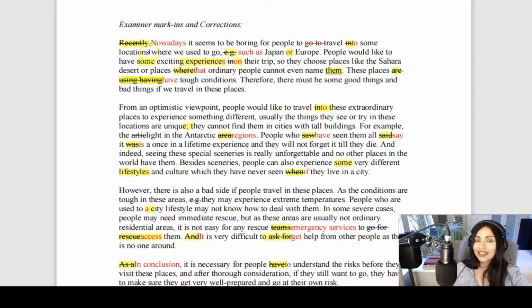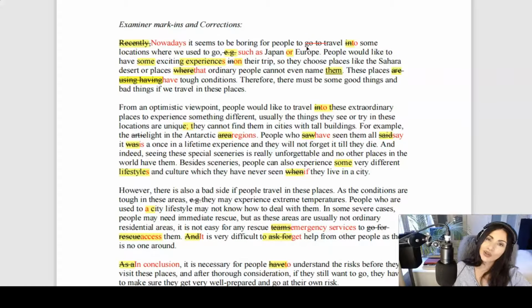As we can see, recently is always followed by a comma, however, the word nowadays isn't. Choosing your adverbs carefully is vital, especially in your opening and closing statements, which are going to be your juiciest parts of the essay.